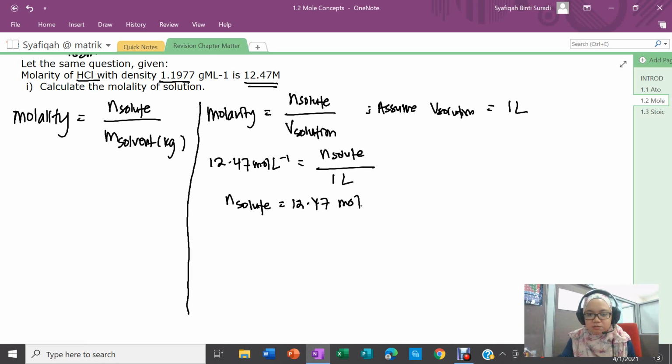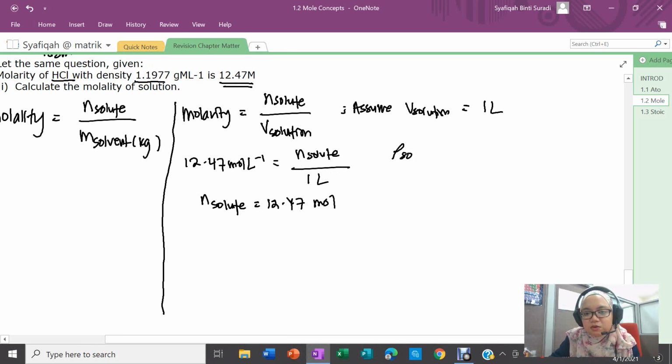Okay. Now, kita nak cari mass of solvent. Okay. So, sekarang ni kita boleh guna density. Kenapa? Okay. Density solution is equals to mass solution divide dengan volume solution. Volume solution tahu. Density solution tahu, boleh cari mass solution. Okay.